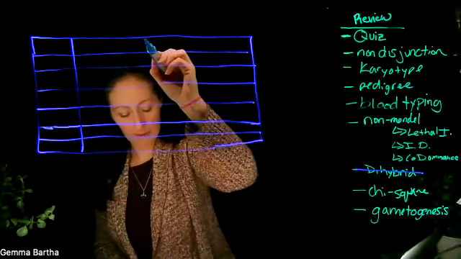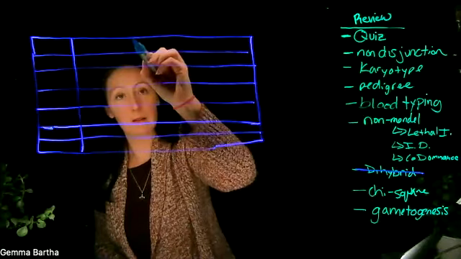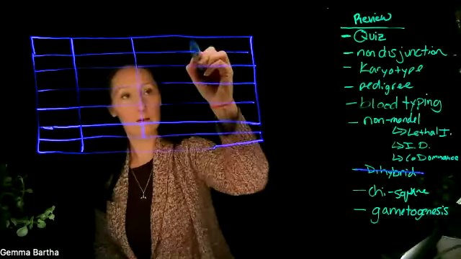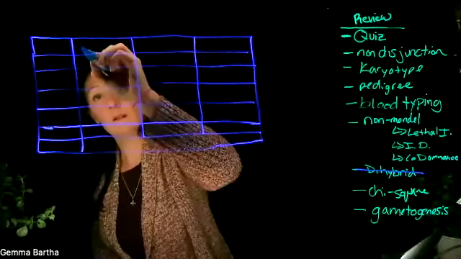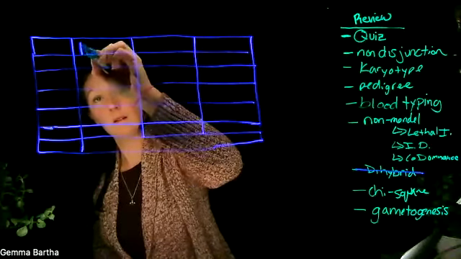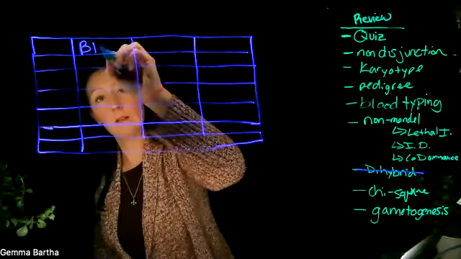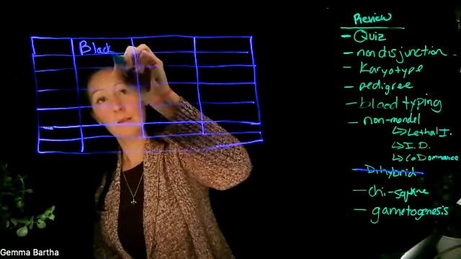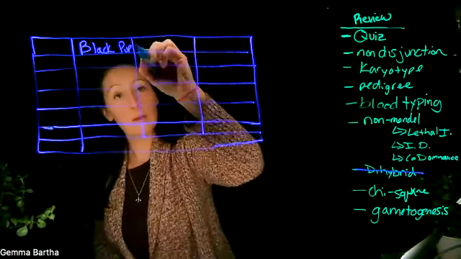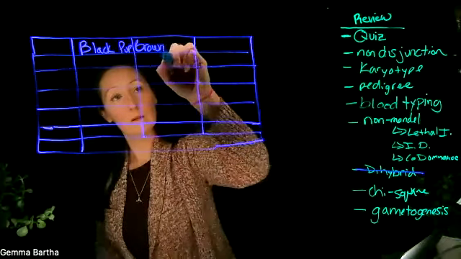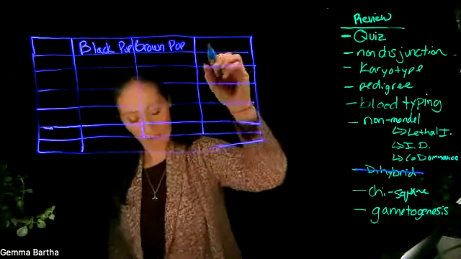All right, so we have black puppies, brown puppies, and yellow puppies. We're just going to do black pups, brown pups, and yellow pups.